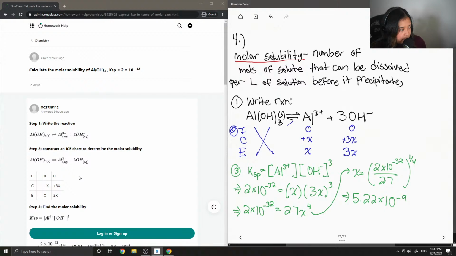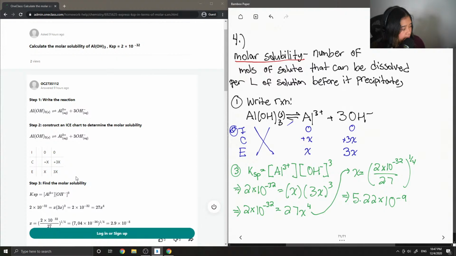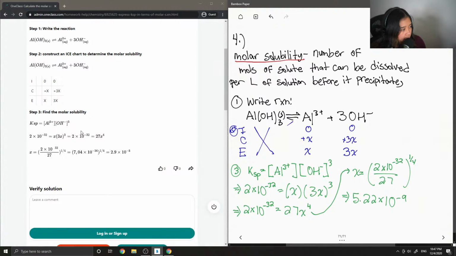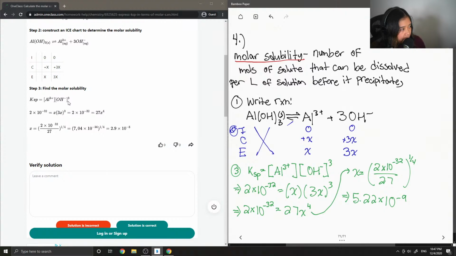Okay, so let's see what our junior tutor said. They wrote out the reaction, constructed the ice chart, and found molar solubility. Ksp is equal to the concentration of aluminum 3 plus times the concentration of OH minus to the power of 3. They subbed in what they got from their ice table and got the 27 times x to the power of 4.